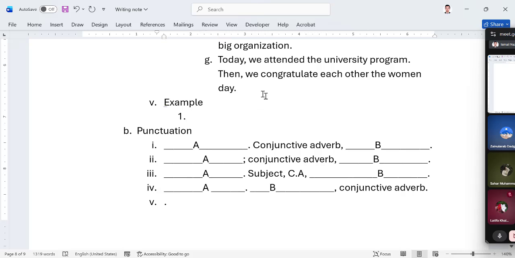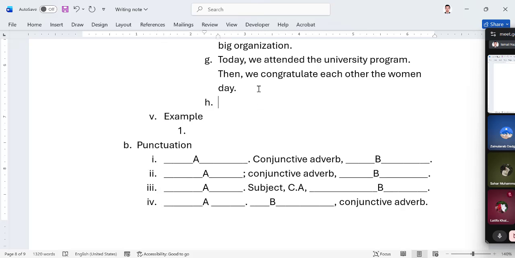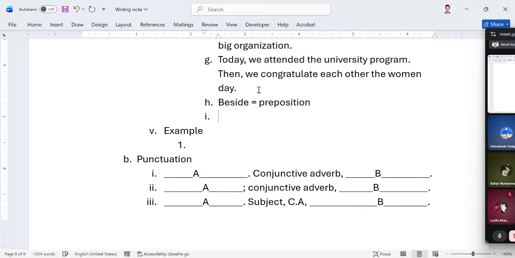Like besides: if we have beside, it is a preposition, and if you have besides, it is a conjunctive adverb. That's the difference. And afterward and afterwards is also correct, the same thing.